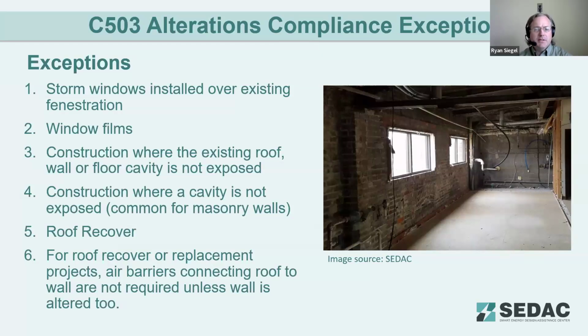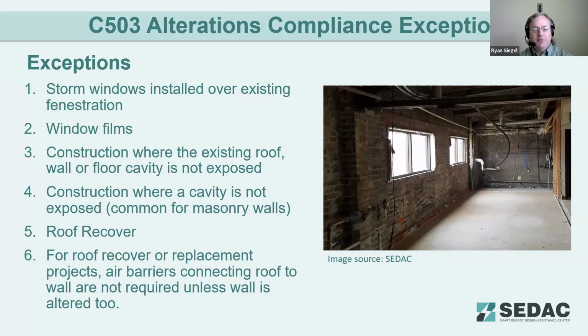Some of these: storm windows, which are less common these days, but if you install storm windows over your existing windows, we don't need to demonstrate compliance. Similarly with window films that are applied. Construction where the existing roof, wall, or floor cavity is not exposed. This is common for masonry walls that may just have some furring strips; that's not a cavity that is being exposed.